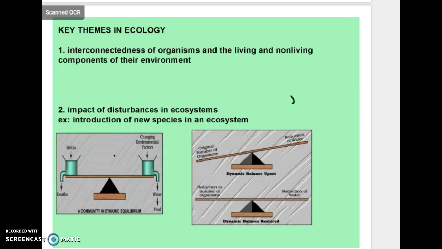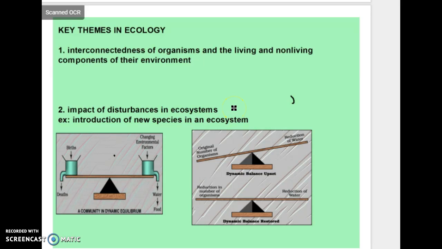And then just to go on with some of the key themes in ecology, and I think we maybe mentioned this when I was there last, the interconnectedness. No organism lives completely by themselves without interacting with other organisms and other non-living parts as well. So we talk in ecology about that interconnectedness and balance and the impact that disturbances have in ecosystems.